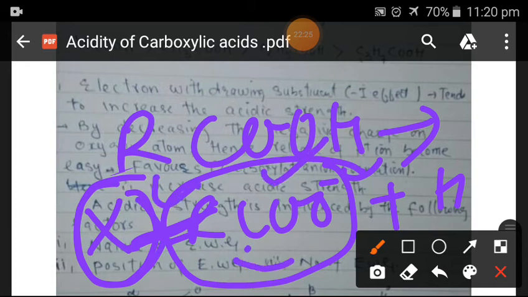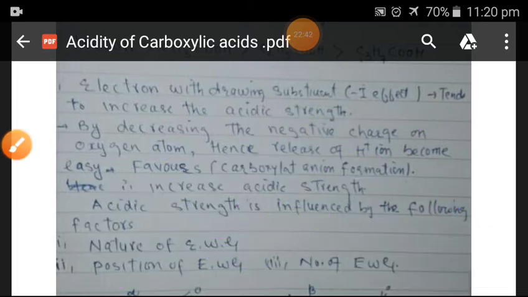So negative charge will get dispersed toward this electron withdrawing group, as a result of which this conjugate base becomes stabilized and it acts as a weaker conjugate base. Clear? So as a result, this gets stabilized due to the presence of electron withdrawing group.